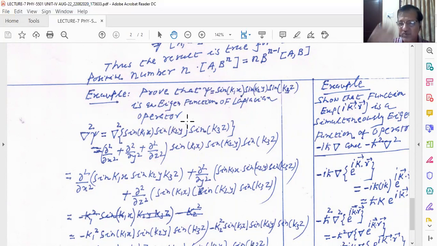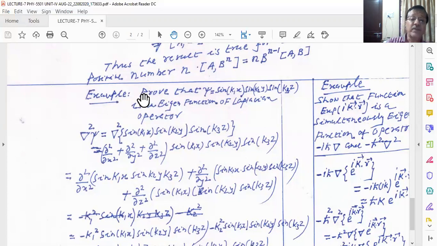Such problems are asked in some competitive examinations. Sometimes you have to go for GATE exams, and even after graduation you have to appear for NET examinations, RET examinations. So these examples will help you have practice for the competitive examinations.